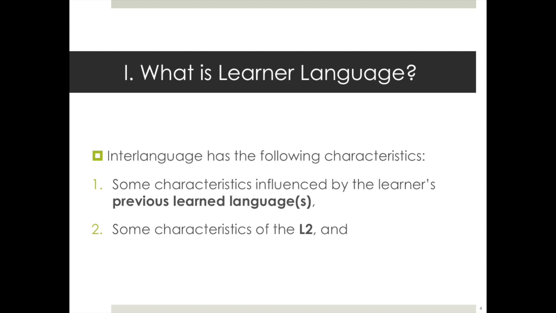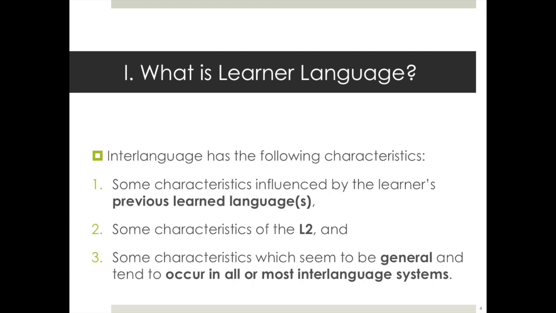And finally, what is contained in this learner language is universal properties or characteristics which seem to belong neither to the first nor the second language, but are properties of universal grammar, general characteristics, or maybe strategies of learning languages which seem to occur in all or most interlanguage systems.